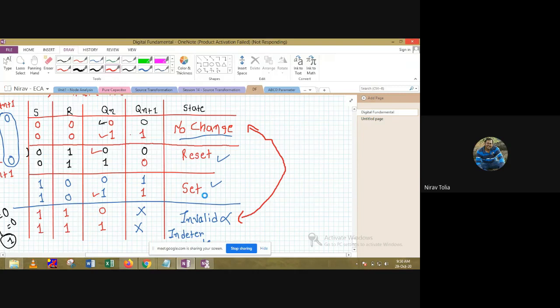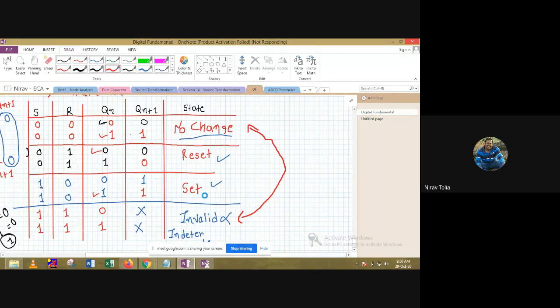It also reflects in the 1 1. If I am using the NOR gate and my S R is 1 1, then I have a state invalid.